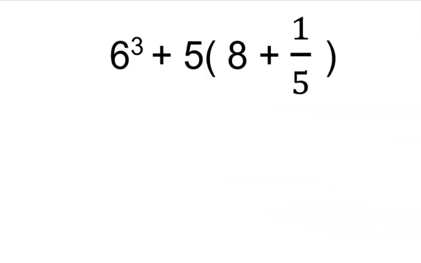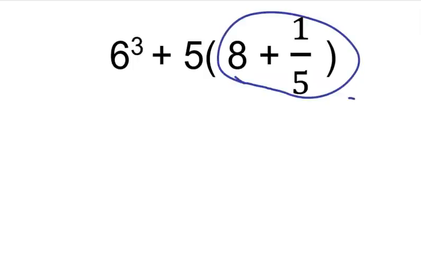Okay, we are going to evaluate the expression. So this looks like it's going to be a fun one. So we have 8 plus 1/5 inside parentheses. Well, 8 plus 1/5 is 8 and 1/5. So that's not too bad.